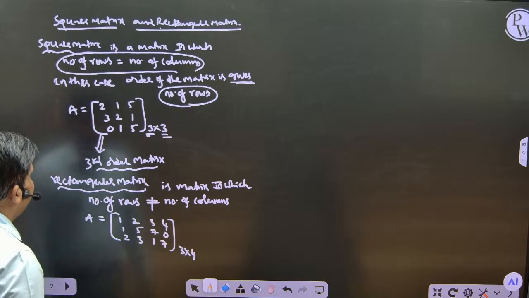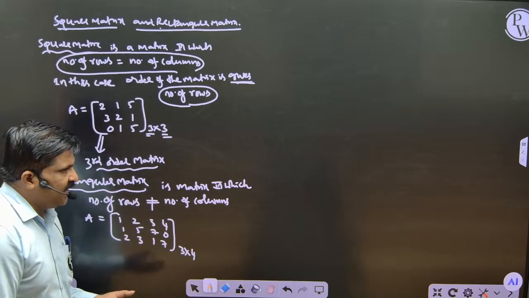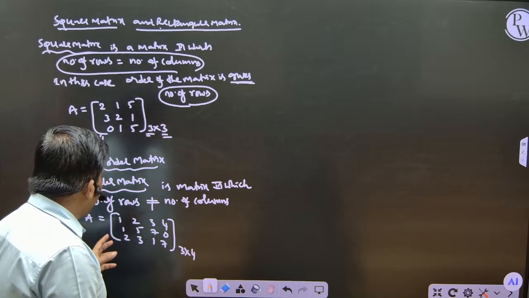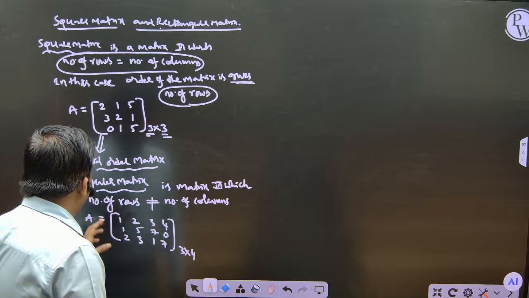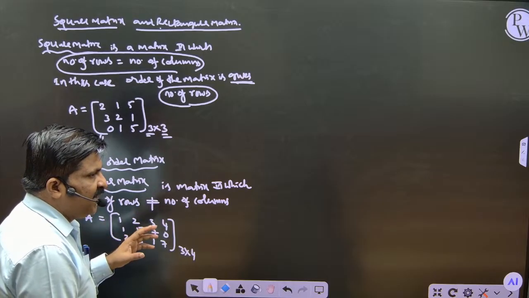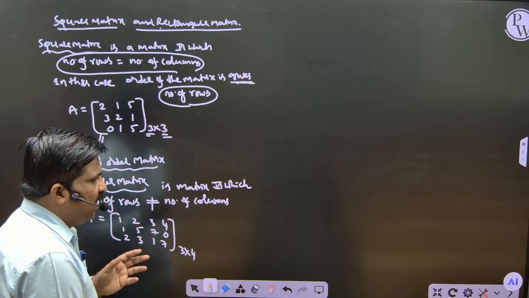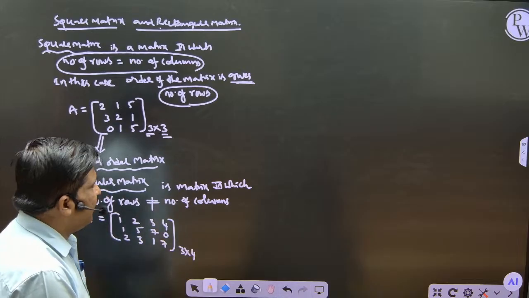That's why it is a rectangular matrix. If the matrix is rectangular, the order of the matrix is 3 by 4. If the matrix is a square matrix, the order is given by the number of rows. If the matrix is rectangular, the order is given by number of rows by number of columns.